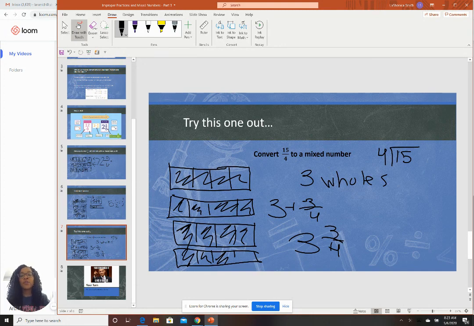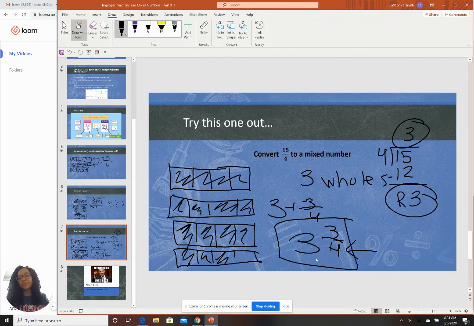And then 4 plus 4 is 8. So that's 2 times. Another 4 is 9, 10, 11, 12. That's 3 times. 12, 13, 14, it doesn't go in a fourth time. So you say 3. You do 3 times 4 is 12. You take away 15 minus 12 is 3. And so this tells you that you went in there 3 times with your remainder being 3 and your whole being 4. So that's how we got 3 and 3/4.